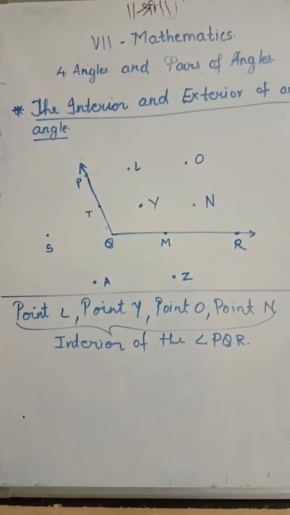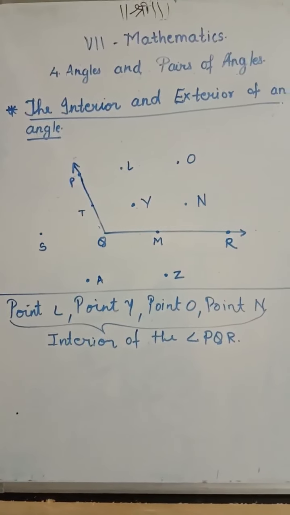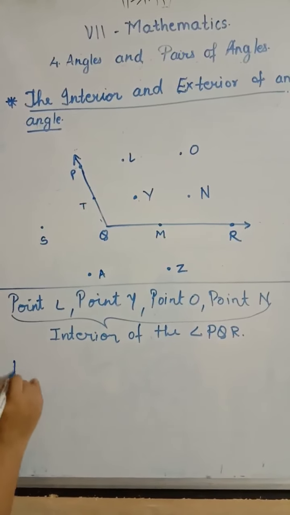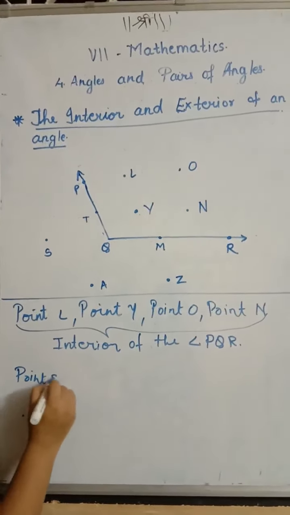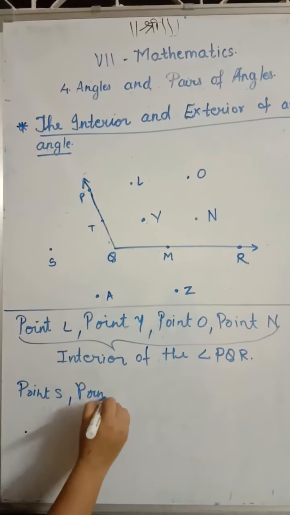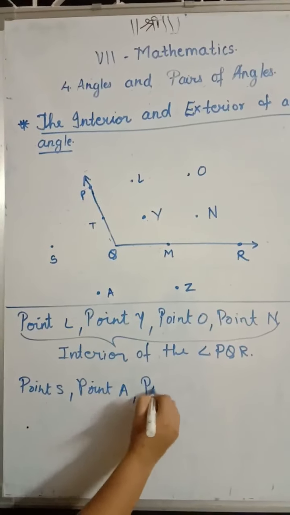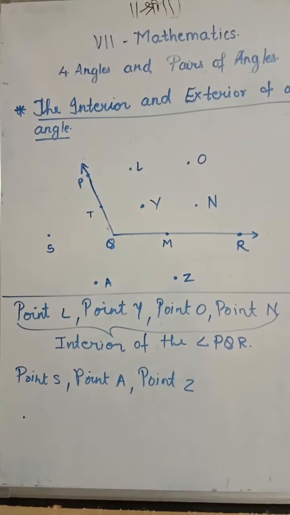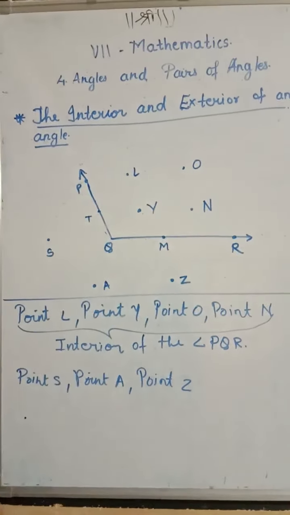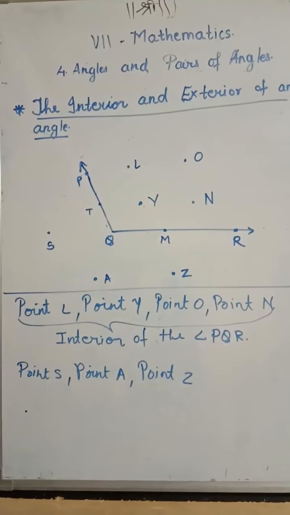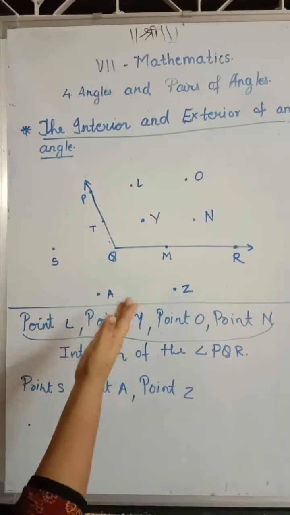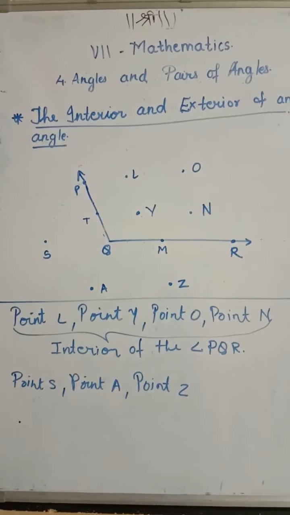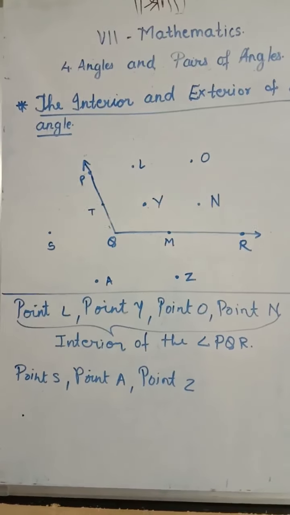PQR. Now the points which are outside the angle, can you tell me? Yes, that is point S, point A, point Z. These points are not on the arm of the angle and also they are not inside the angle, so they are out, and so they are called the exterior of the angle.